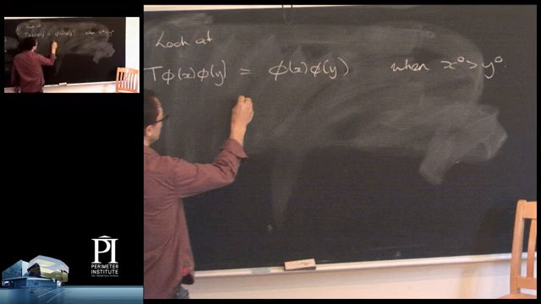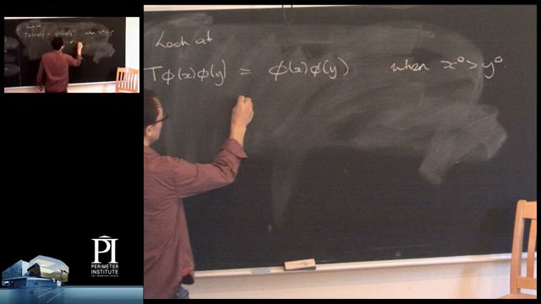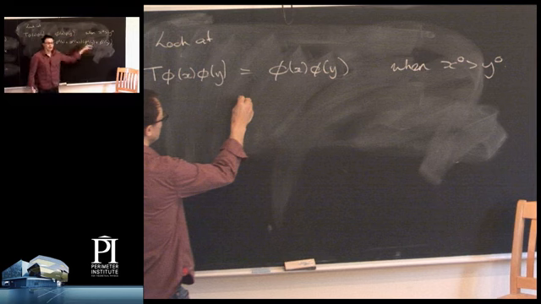Okay, we'll expand this out. That's just plugging in this. And so we multiply this out, we get 4 terms. Well, what does normal ordering mean? Normal ordering means that all of the a's go to the right.